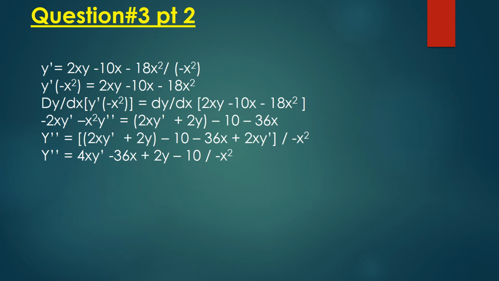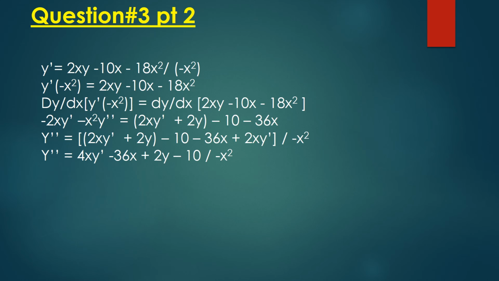So you want to use the product rule, and you're getting negative 2x y prime minus x squared y double prime. Because remember, the derivative of y prime is always going to be y double prime, is equal to 2xy, which is also once again a product rule. So you get 2xy prime plus 2y minus 10 minus 36x. And you want to solve for y double prime.